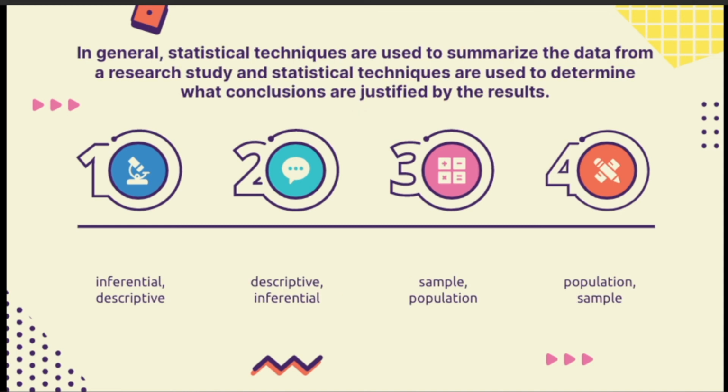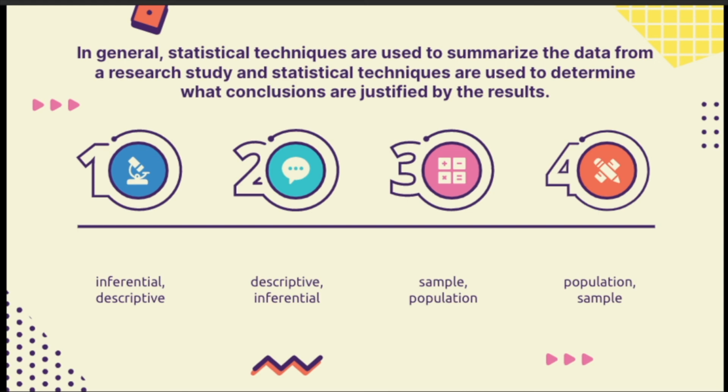And next one, in general, descriptive statistical techniques are used to summarize the data from a research study, and inferential statistical techniques are used to determine what conclusions are justified by the results. Inferential descriptive, descriptive inferential, sample population, or population sample?